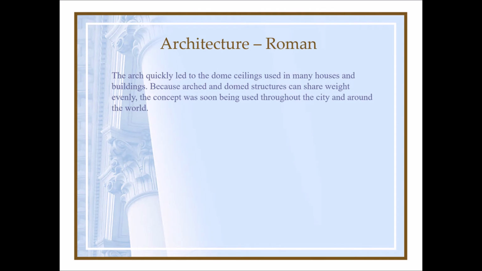Other than aqueducts, the arc quickly led to dome ceilings used in many houses and buildings. Because arc and dome structures can share weight evenly, the concept was soon used throughout the city and around the world. So the arc concept is used everywhere, on any occasion.